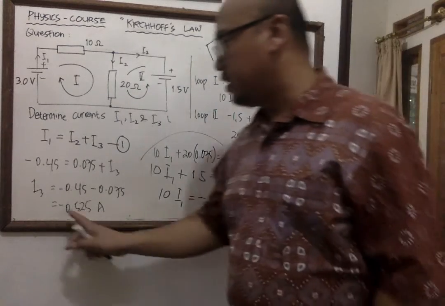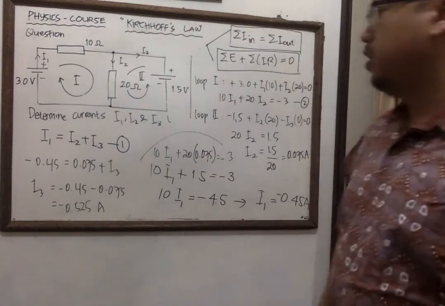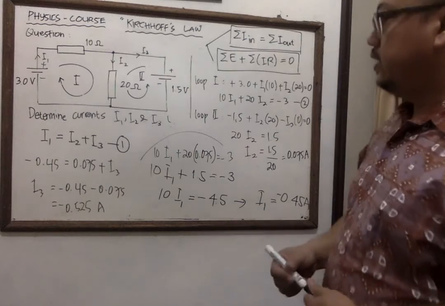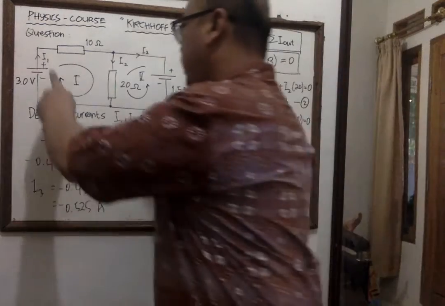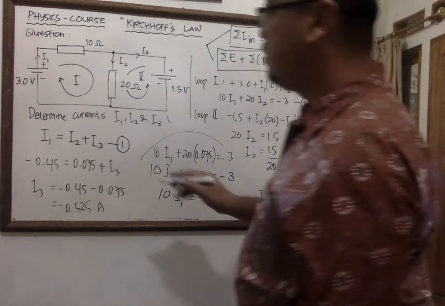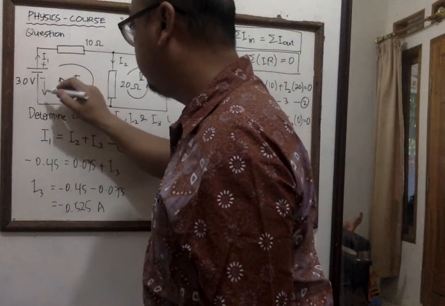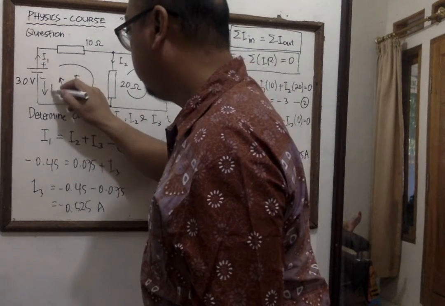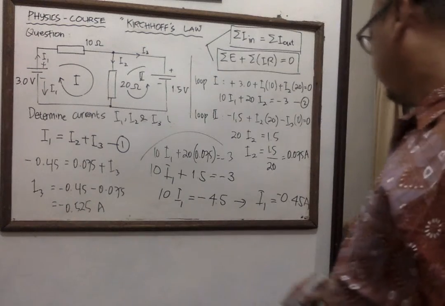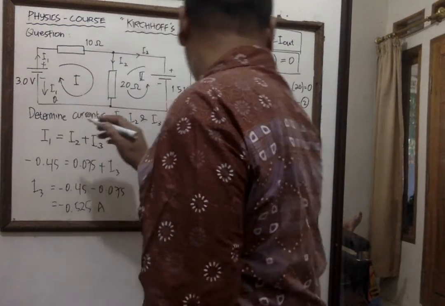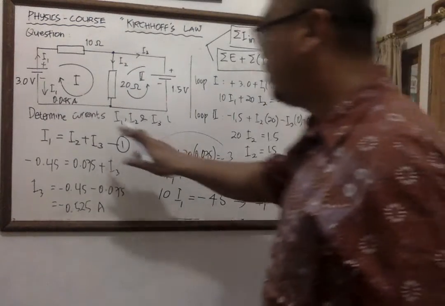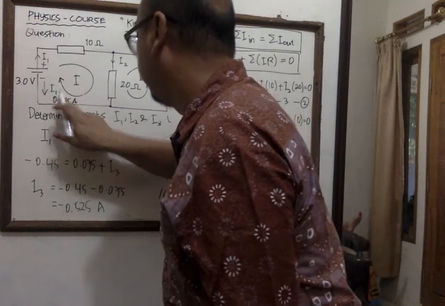Because the direction is opposite to how we assumed it when solving. I1 was assumed positive but we got negative, so the direction of I1 goes down, opposite, anti-clockwise, with 0.45 ampere.